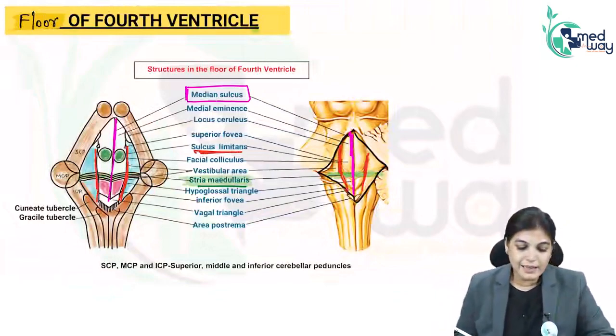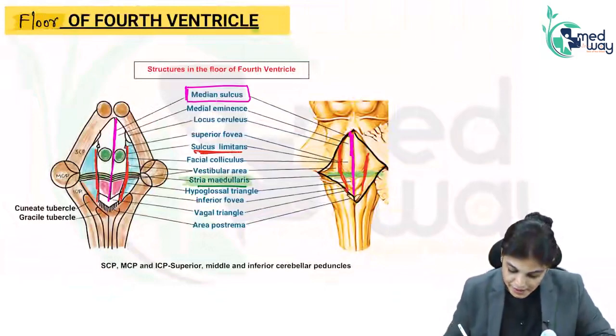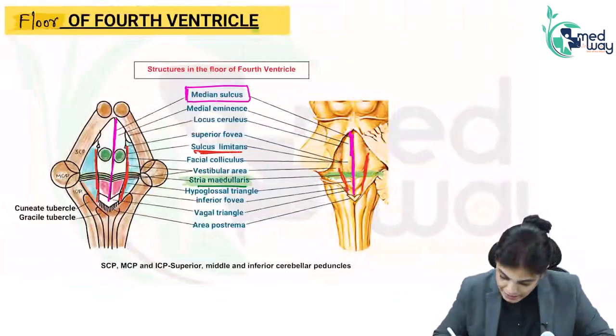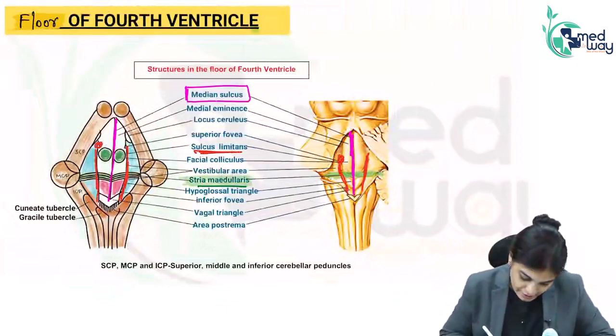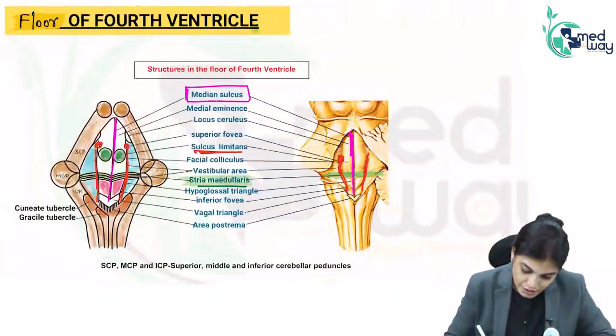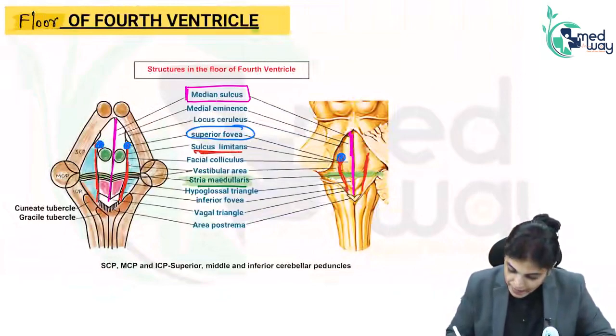Now, if you see the sulcus limitans, superiorly it is forming here. So we will use blue color for it. So superiorly it is having superior fovea, and inferiorly there is inferior fovea.